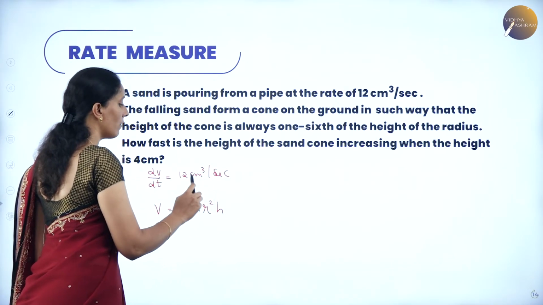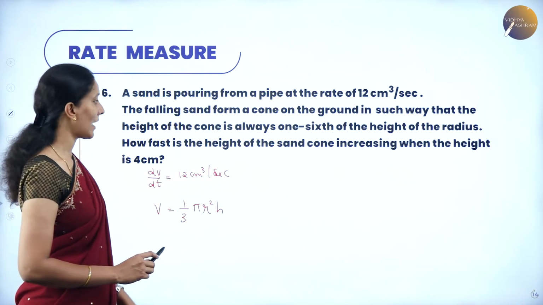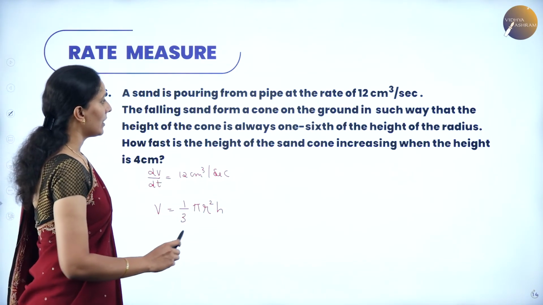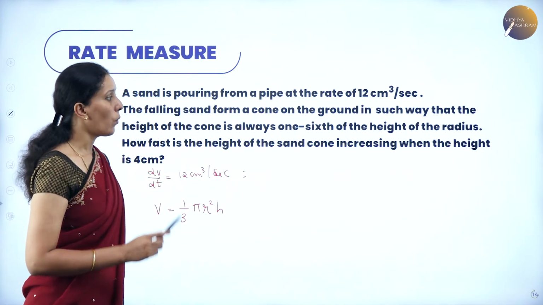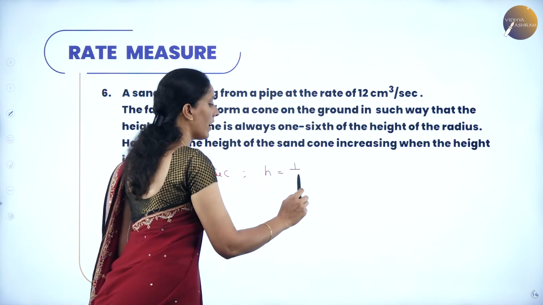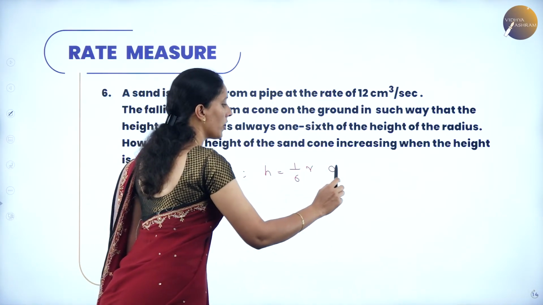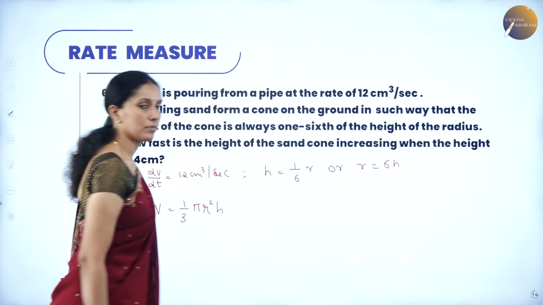Volume is always denoted in cubic units. Next it is given that the height of the cone is always 1/6 the radius, that is h is equal to 1 by 6 r, or you can take r is equal to 6h.